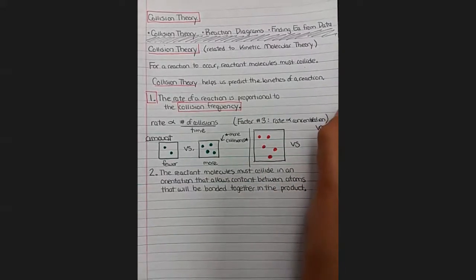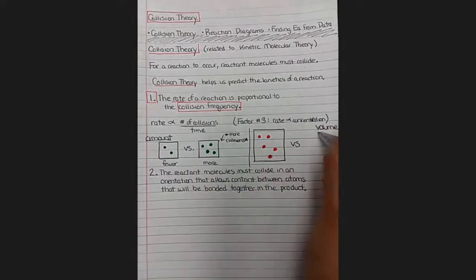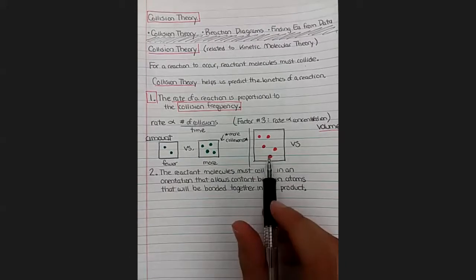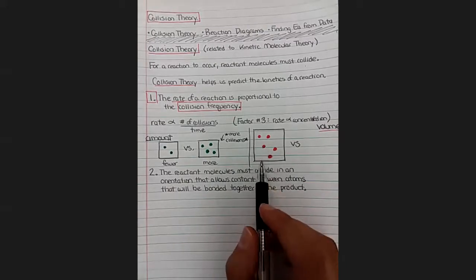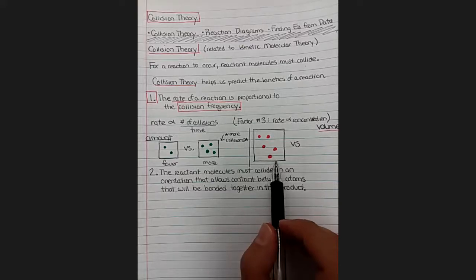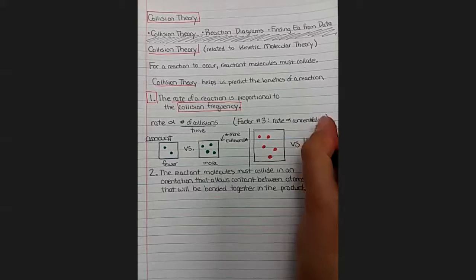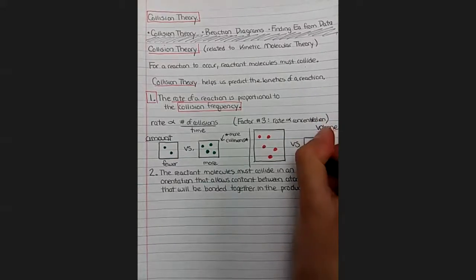This is going to be the volume comparison. If we wanted to increase the concentration in this container without adding more particles, we could simply decrease the volume that these were present in. Remember, because concentration is amount over volume.